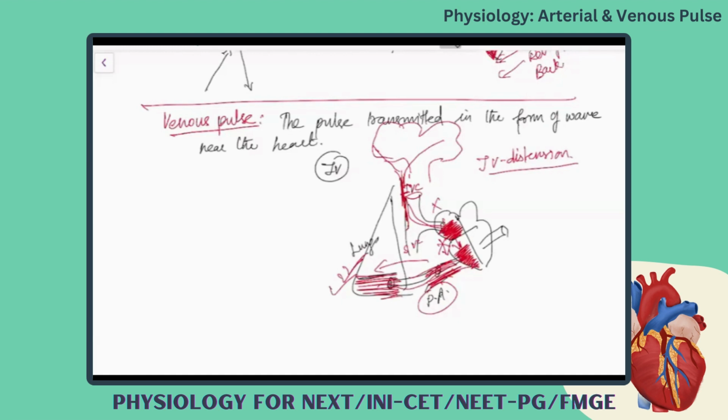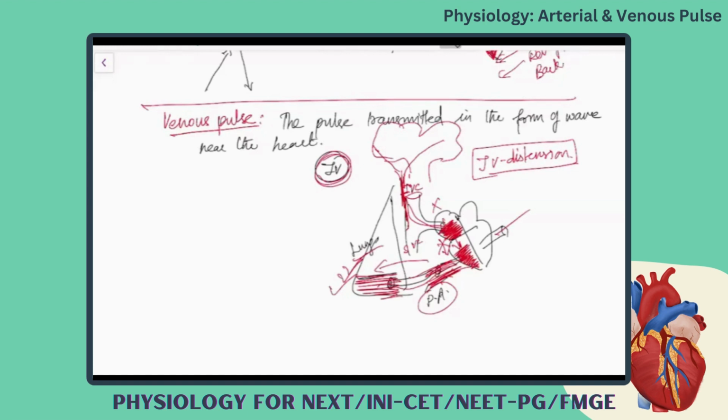The cause may be in the pulmonary system or the cause may be in the heart, whatever it is. So this is one of the indications of pulmonary circulation abnormality. It may be at the level of lungs or it may be at the level of the heart. So this is why the most commonly measured venous pulse is the jugular venous pulse.